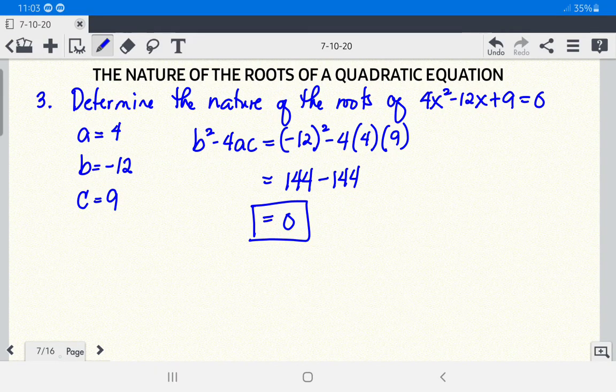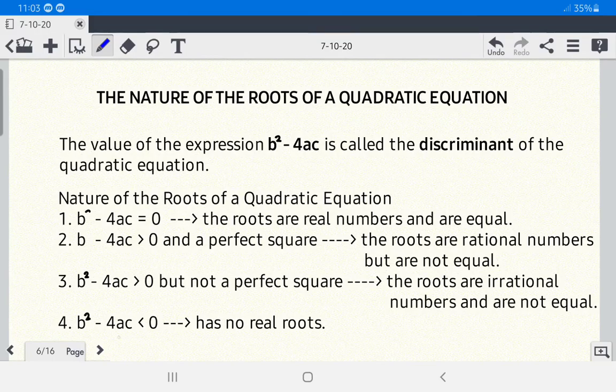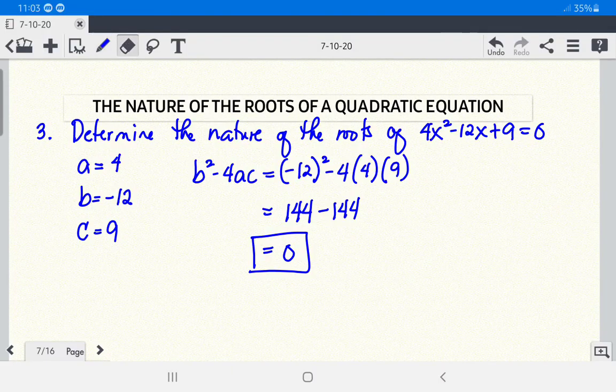Now, going back to our concept, if b squared minus 4ac is equal to 0, then the roots are real numbers and are equal. Okay, so let's check.